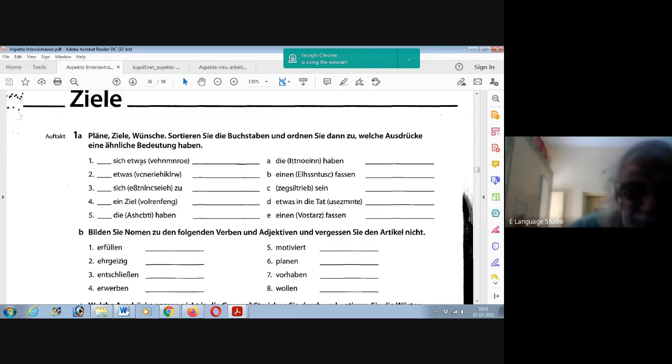Sich etwas oder sich something zu, das ist ein Verb. Ein Verb bedeutet eine Infinitive Form, also en. So you take out en from here and put it here. Then there is a v here. If there is a v, you can take a chance on the verb beginning with either ver or vor.